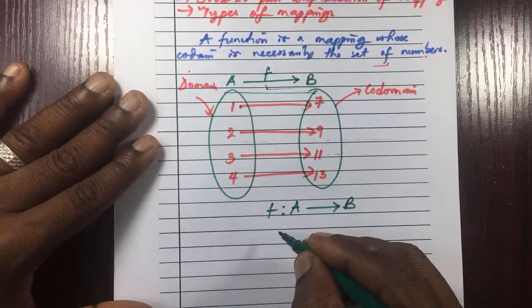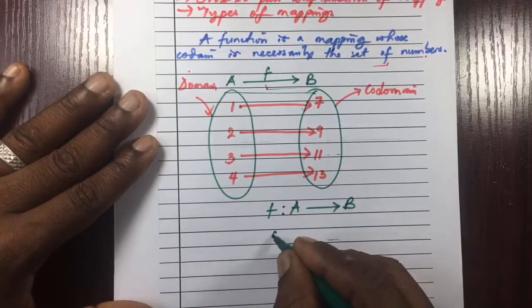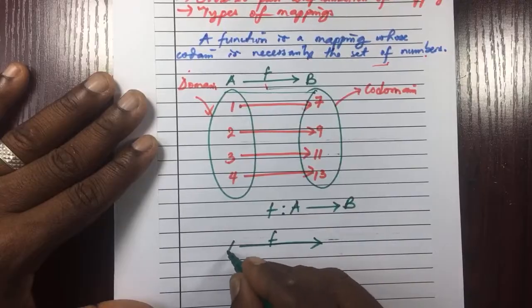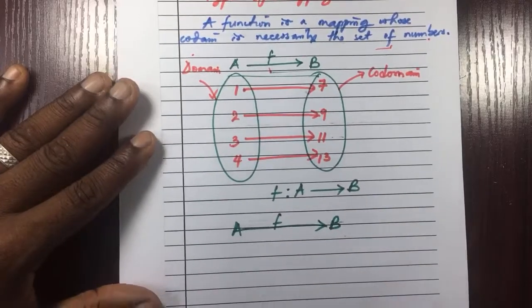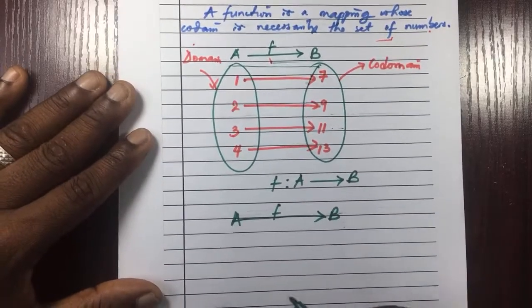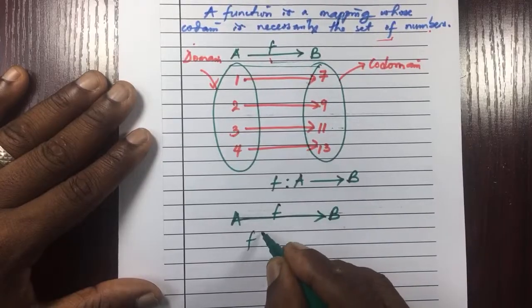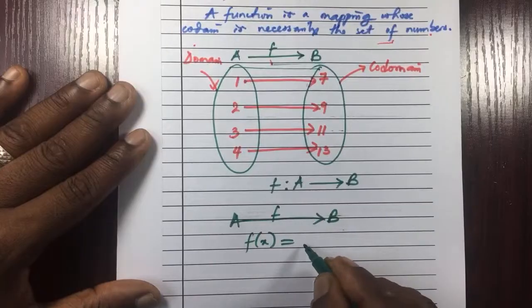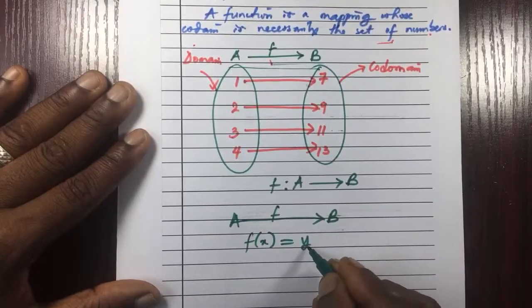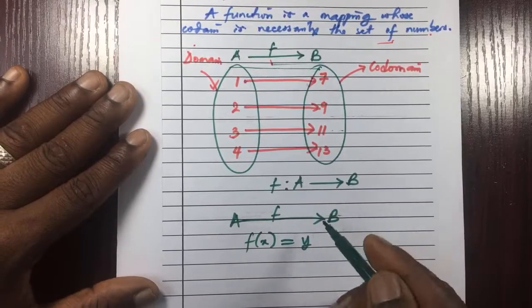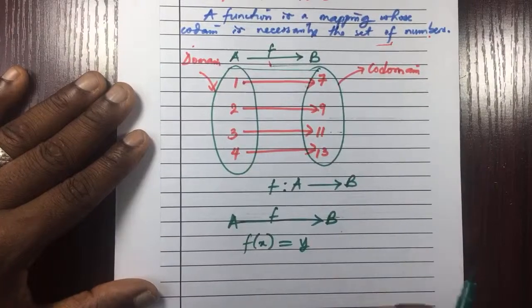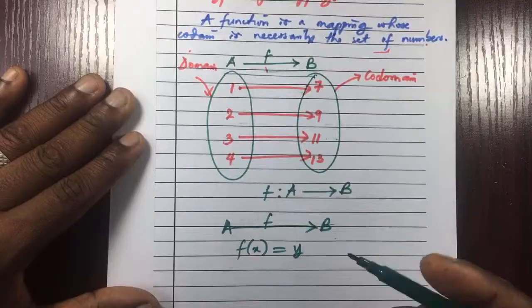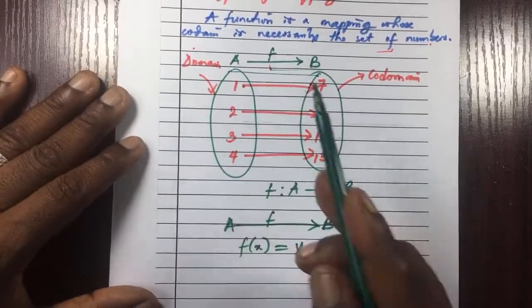If I don't want to use this, I could use another notation, f from A to B. Or I could pick a random element x from the domain under this function and equate it to y. So these are three possible notations for the mapping.